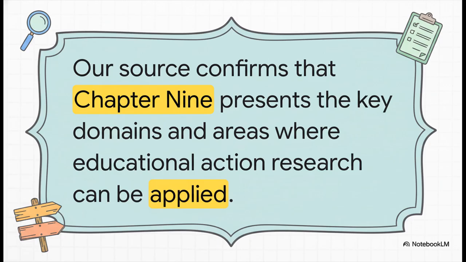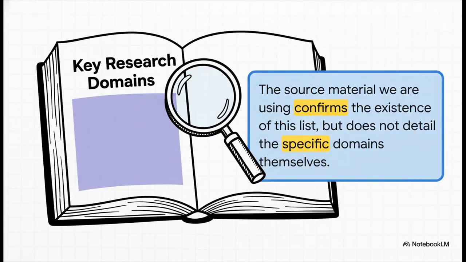It lays out all these key domains to help you pinpoint exactly where your own research question might fit in. Okay, and it's important to be clear here, this specific point is not covered in our source. So the text acts as a signpost, confirming that this really useful list exists within the book to guide you, but it doesn't actually detail those specific domains for us here.